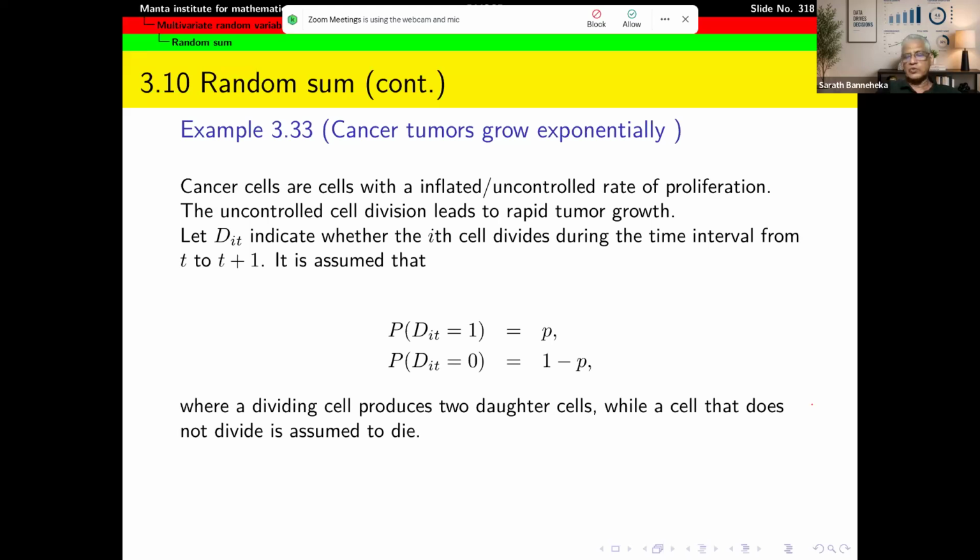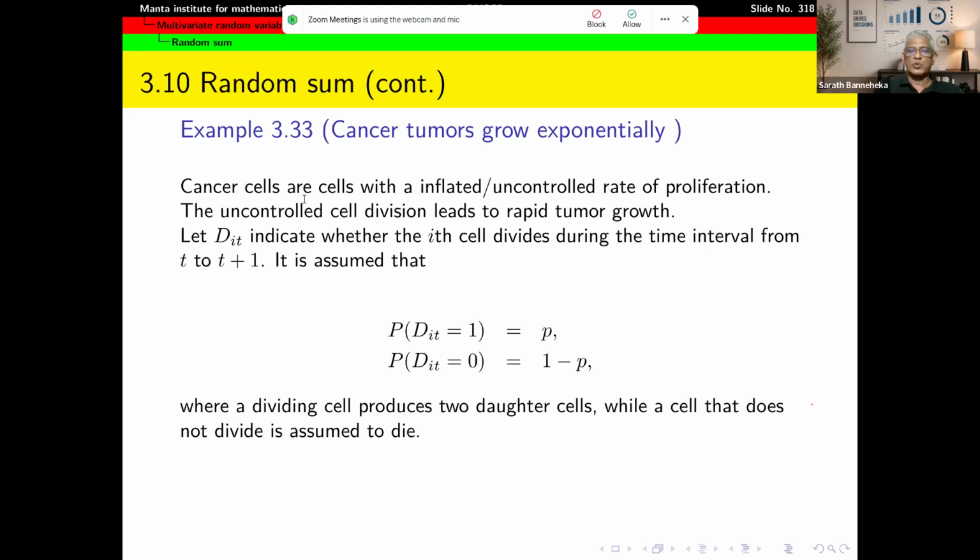In that case, the cell will die. We are going to assume that those cells that are not divided are going to die. So we assume some probability distribution for this D_it. Probability D_it is equal to 1 is P. That means any cell will be divided with probability P, and it will not be divided, that means it will die, with probability 1 minus P. A dividing cell produces two daughter cells, right?